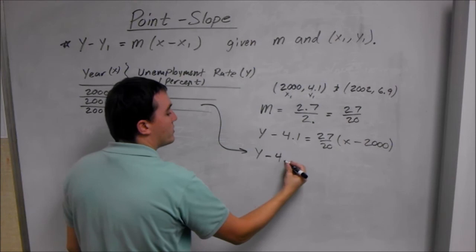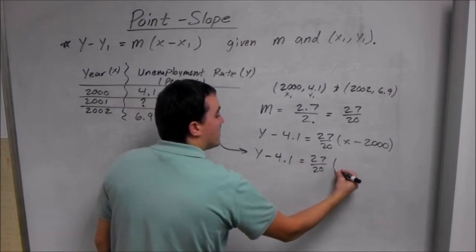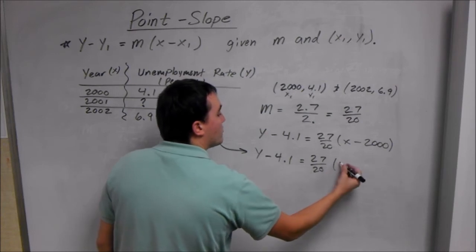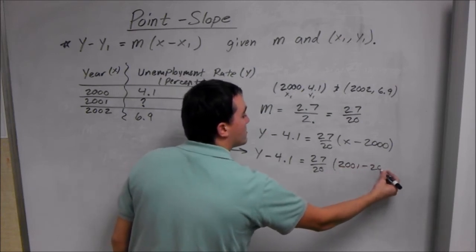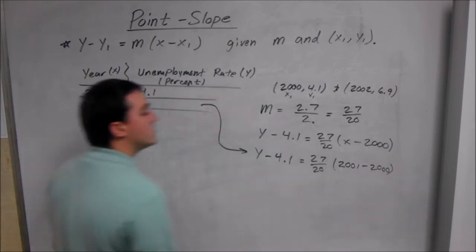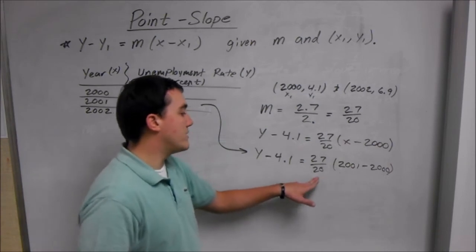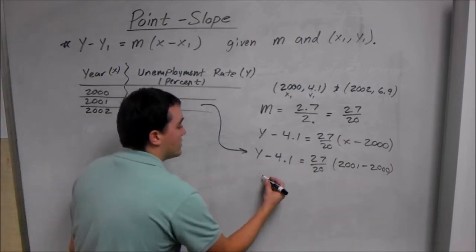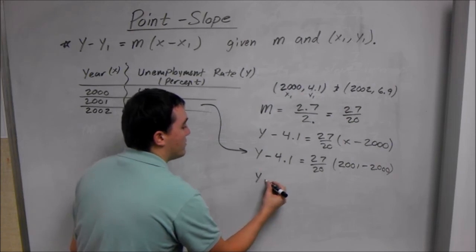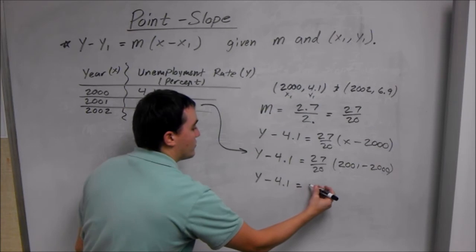Y minus 4.1 equals 27 over 20 times 2001 minus 2,000. Well, that's good. That just gives us 1. So we don't really need that because we're multiplying 1 times 27 over 20 is still 27 over 20. So we get y minus 4.1 equals 27 over 20.